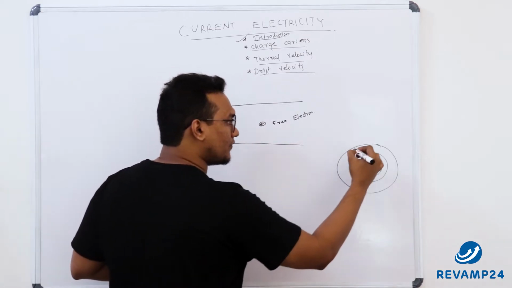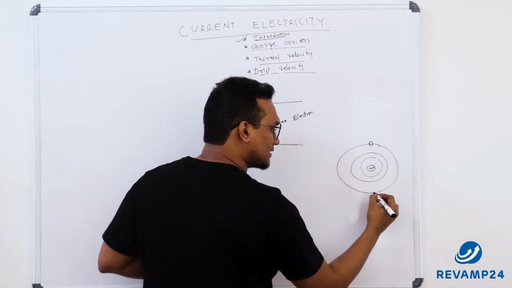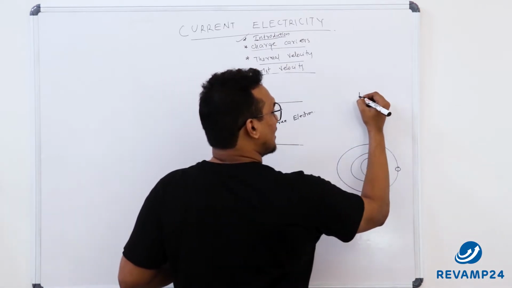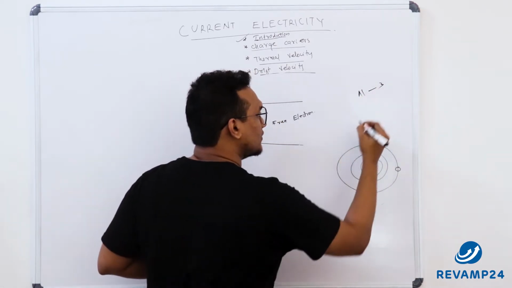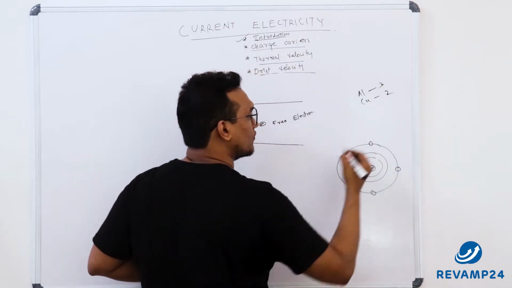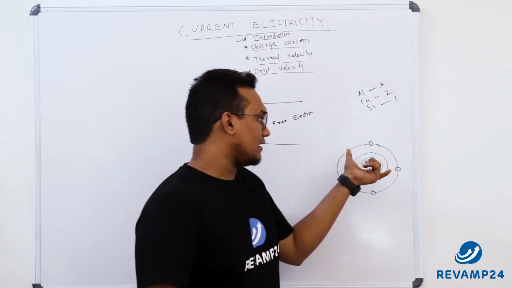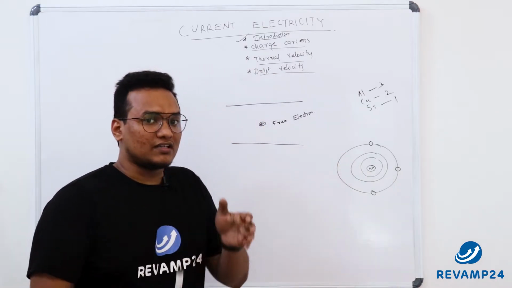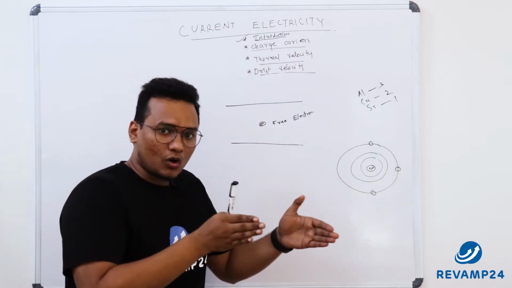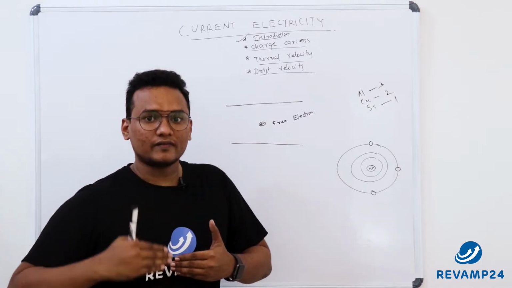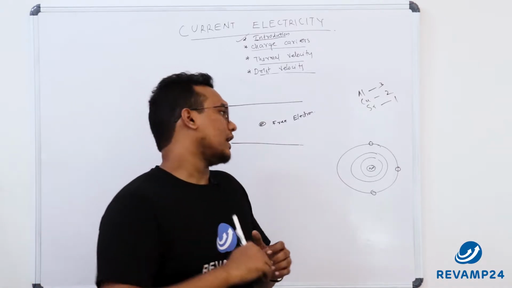If the number of electrons in the outermost shell is 3 or less than 3, for example, with aluminium it is 3, with copper it is 2, with silver it is 1, those elements can behave as conductors, or those elements will allow current to pass from one position to another position.